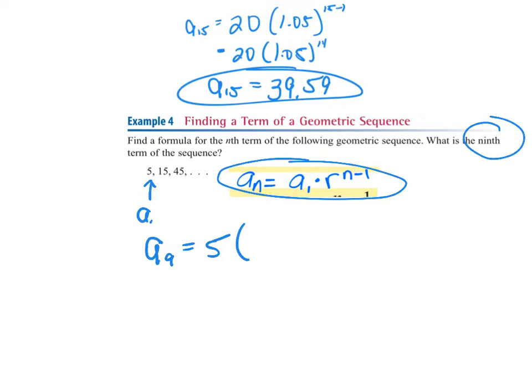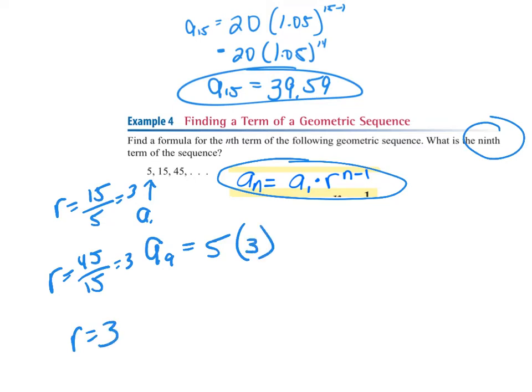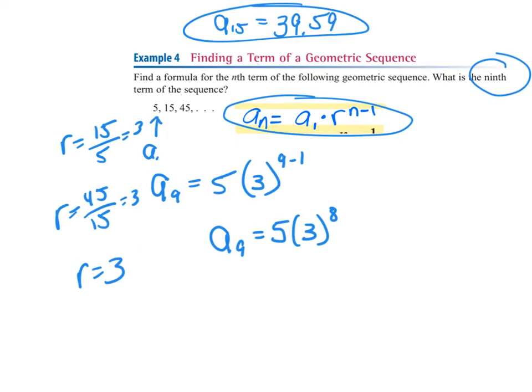How did I get from 5 to 15 to 45? Multiplied by 3. Yep, because look, take a term, divide it by the one in front of it. It's 3. Take another term, 45, divided by the one in front of it. It's 3. So your common ratio is 3. And then I'm going to raise that to the 9 minus 1. So a sub 9 equals 5 times 3 to the 8th power, correct?